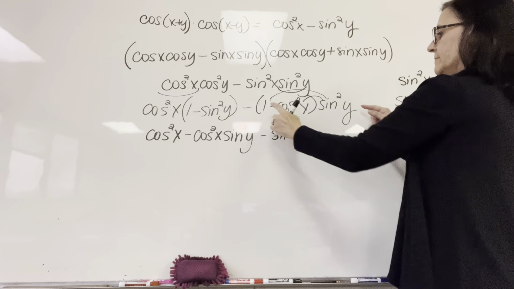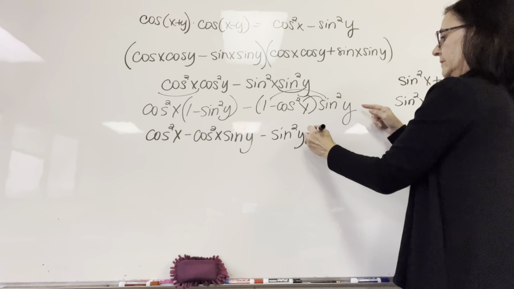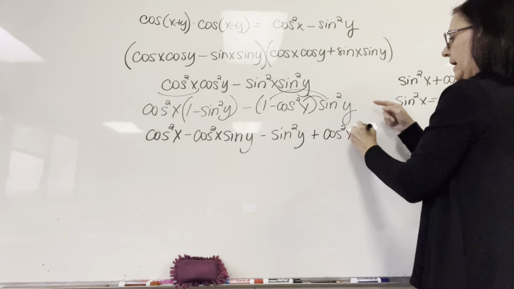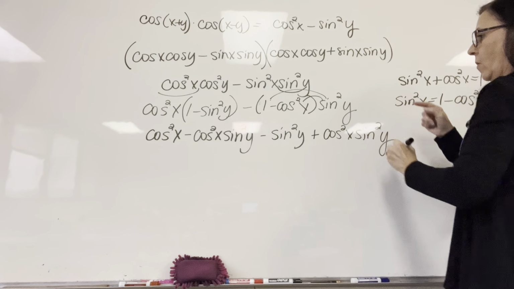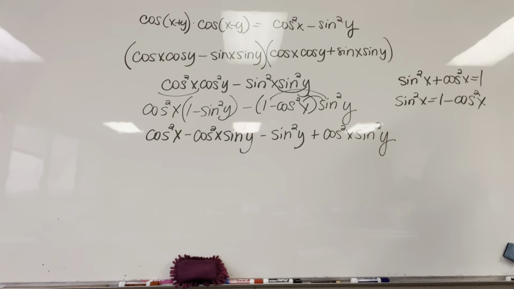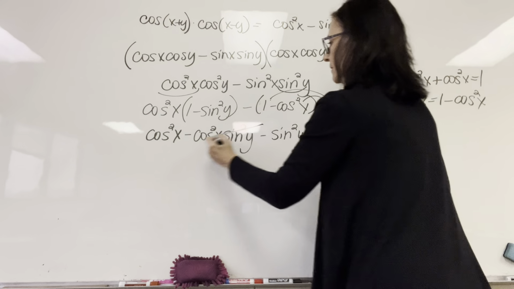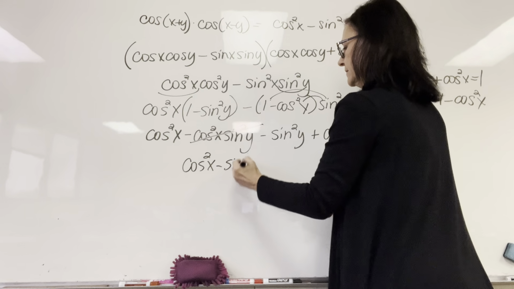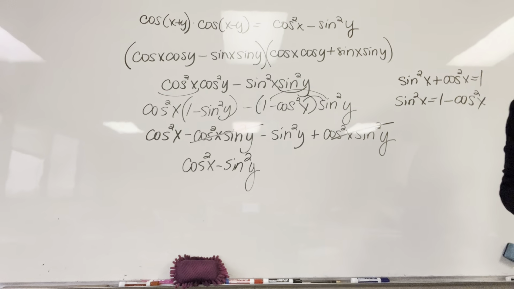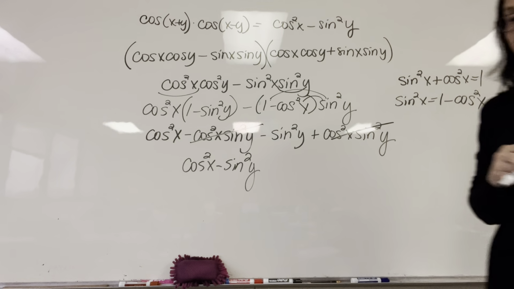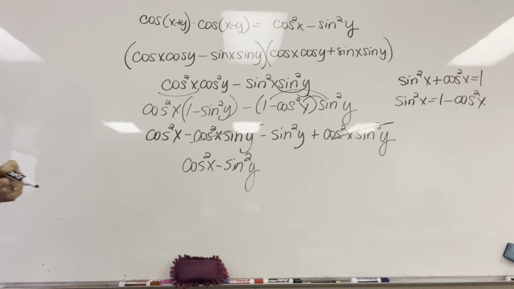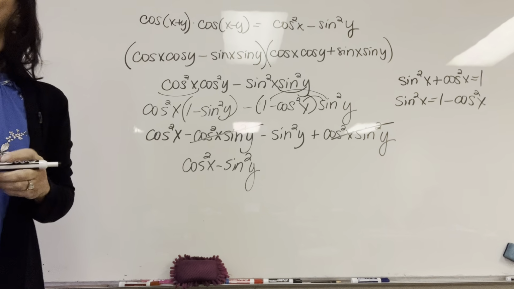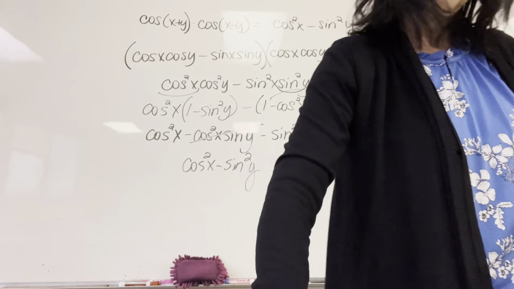Now this is going to be a negative times a negative, so this one's going to be positive: cosine squared x sine squared y. They cancel out. So we end up with cosine squared x minus sine squared y. All right, makes sense so far.